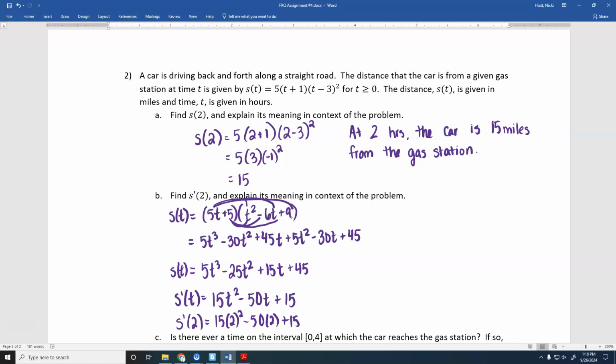So that would be, go back up here, let's see, 4 times 15 is going to be 60 minus 100 plus 15, which is going to be negative 25 there.